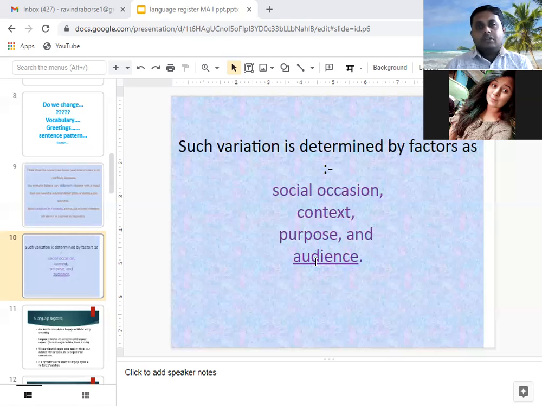So you would use words and sentences related to the banking sector in a bank. You would use the language related to the library when you are in a library. If you go to a coffee shop, then you would have a certain vocabulary appropriate to the coffee shop. And that is register.